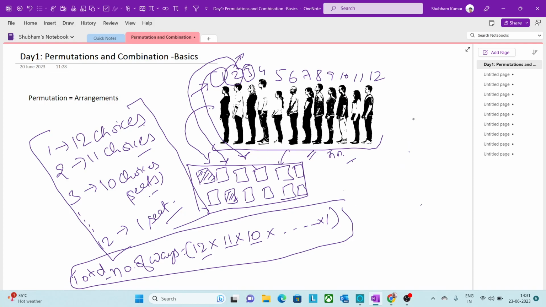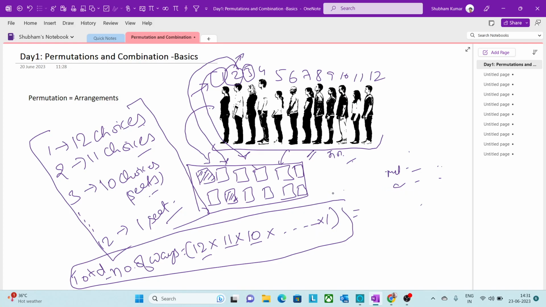So in any particular arrangement, the number of ways in which these 12 seats can be occupied would be the product, because the choices are dependent. Later on I will explain the multiplicative property and the additive property, when there will be multiplication of the choices and when there will be addition of the choices.